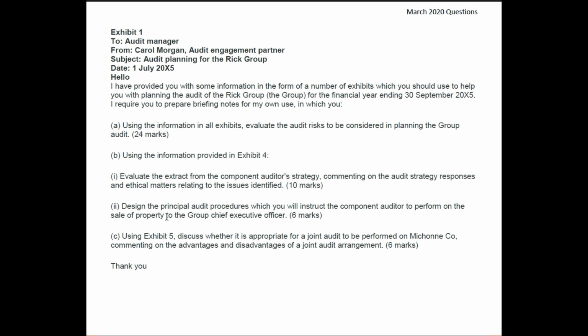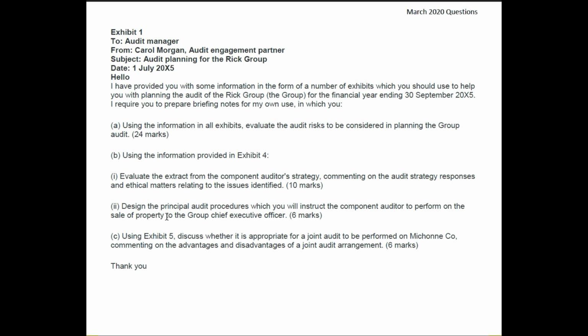I hope we have tried thinking of the audit procedures for the sale of property to the group CEO. Now, mind it, from your earlier studies of the SBR paper or the accounting paper, you would be aware that there is a standard for any transaction between the group chief executive officer, that is the key management personnel, and the company.